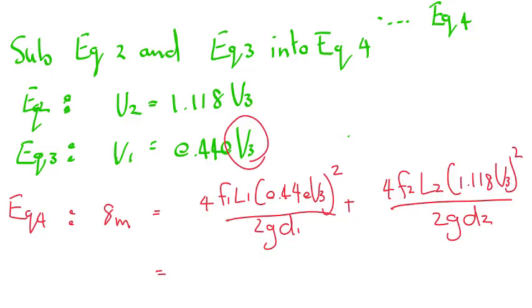I just want to add another bracket on my calculator. So we have 4 times the f times the l times the 0.44 squared, and we divide that, putting in brackets, 2 times 9.81 times our d1, which is 0.5, and then we end up with this value, 1.776 V3 squared, plus the second one.